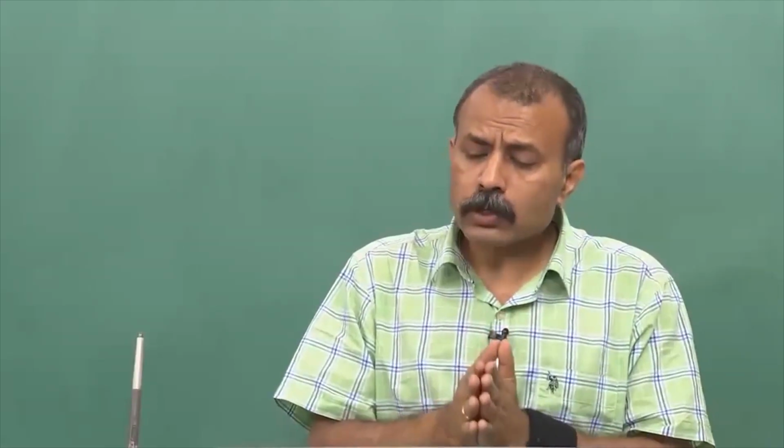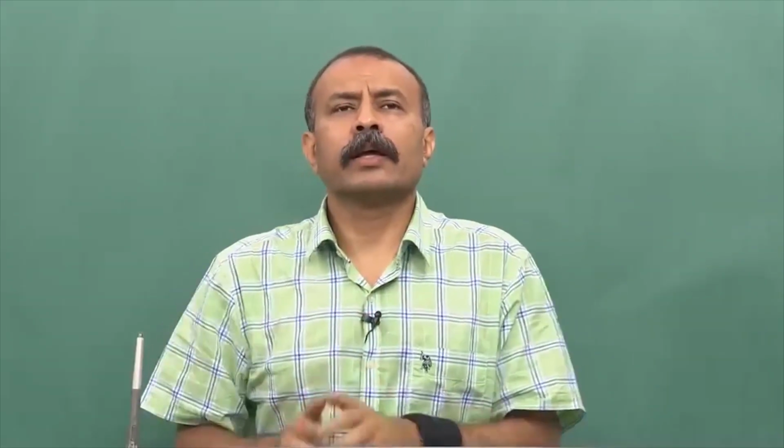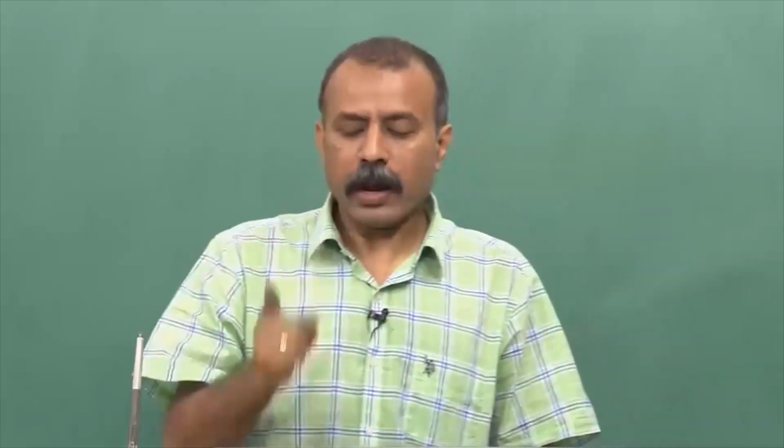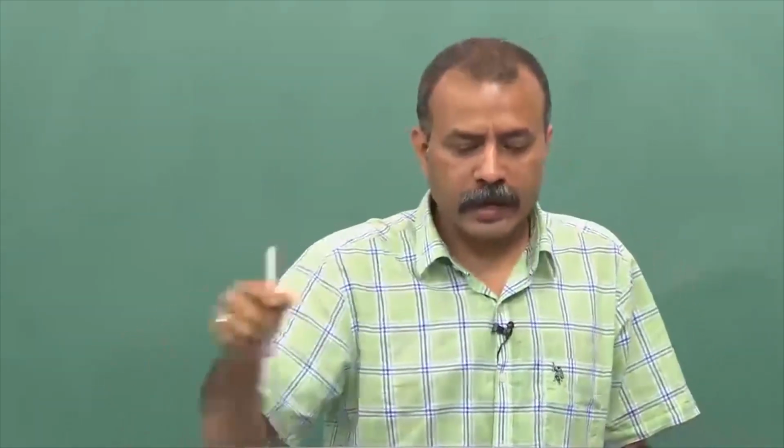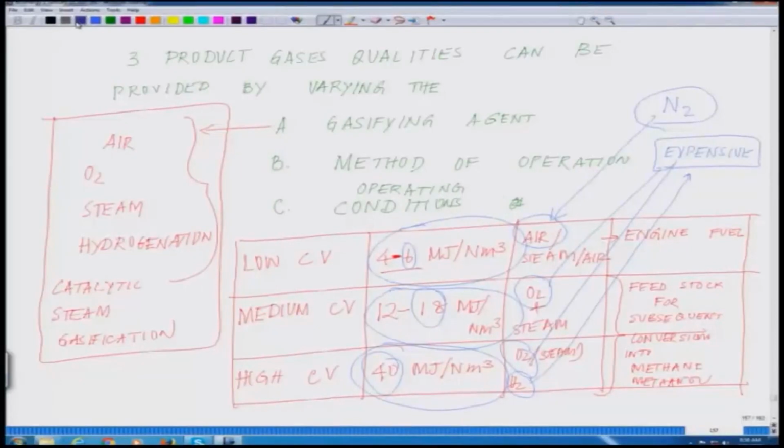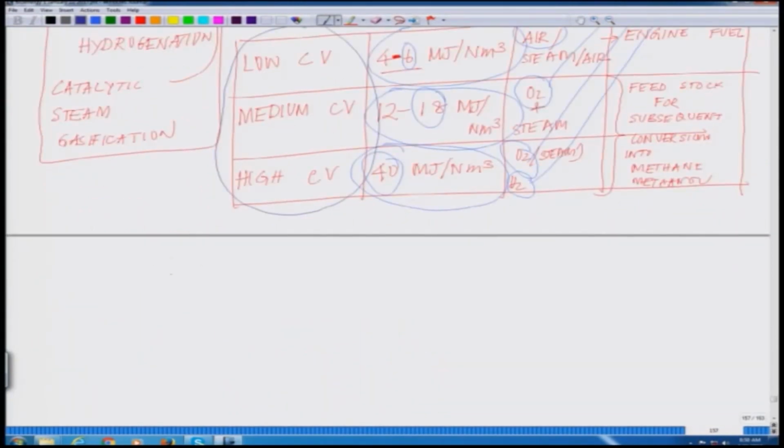Okay. So, what I wish to highlight here is that we have to think very holistically. And now, this is the really eye catcher if you look at it. If we compare these three values with natural gas, here is the number. For the natural gas, I am just keeping for you all the three values. CV stands for calorific value, and the calorific value of the natural gas is 36 megajoule per Newton meter cube.